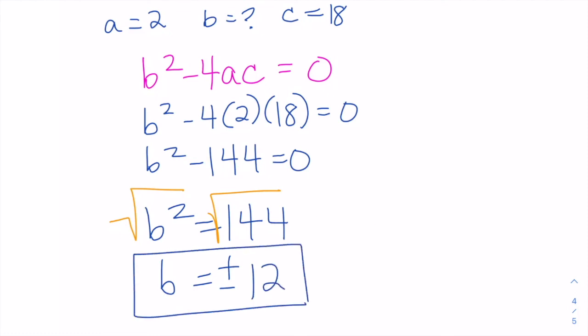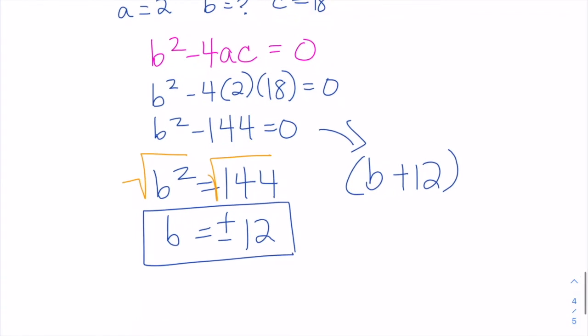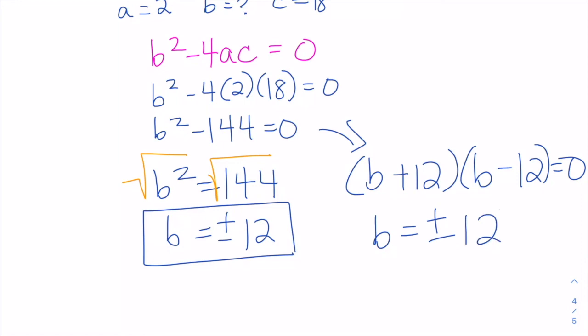Or we can factor this. We can go from this step up here and say that's going to factor into b plus 12, b minus 12 equals 0. Then just like you did before, you set each of these factors equal to 0 and you would get b equals plus or minus 12 again. Either way, using the square root or factoring, you don't have to do both.